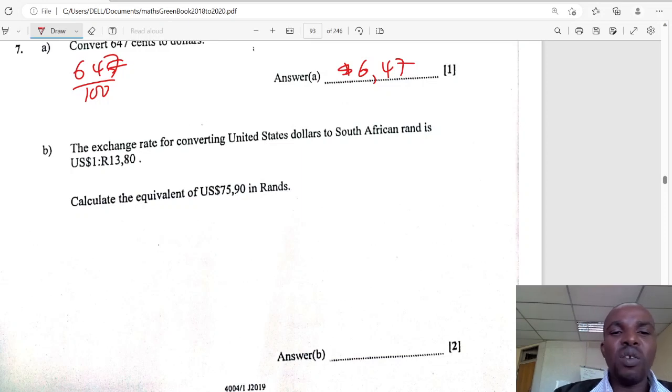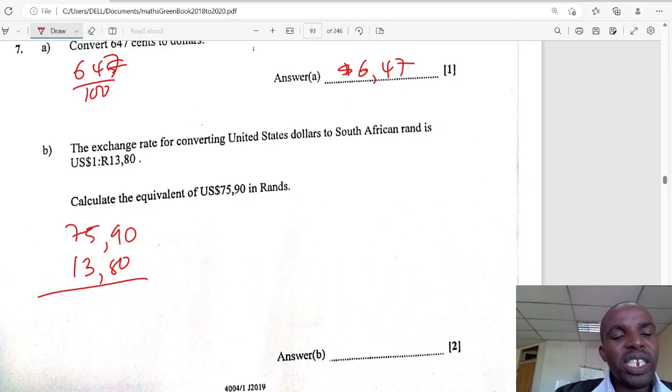Calculate the equivalent of $75 in rands. So $1 is 13 rand 80.